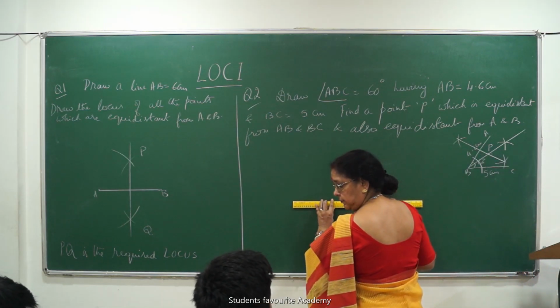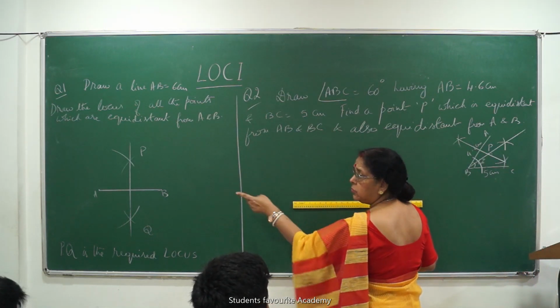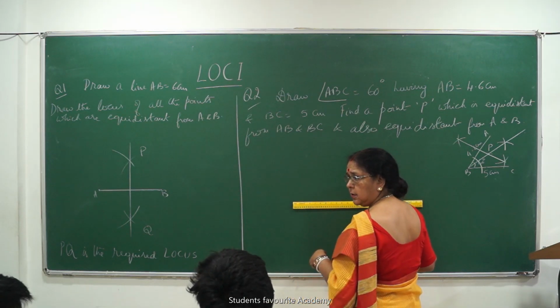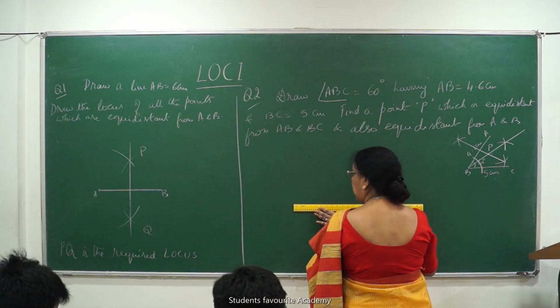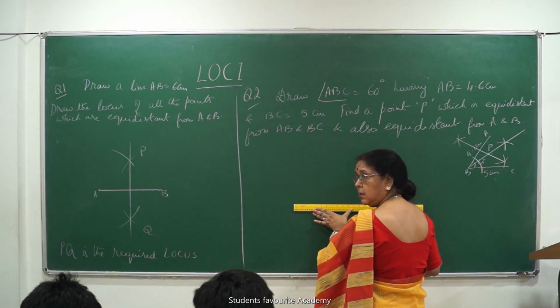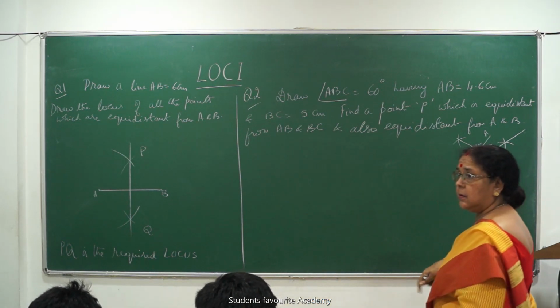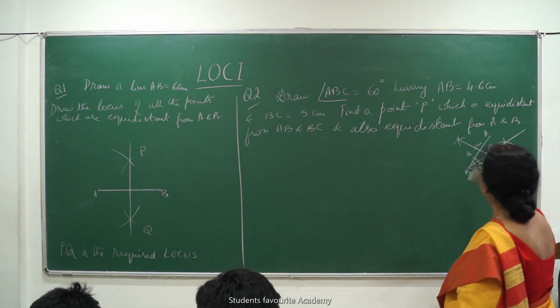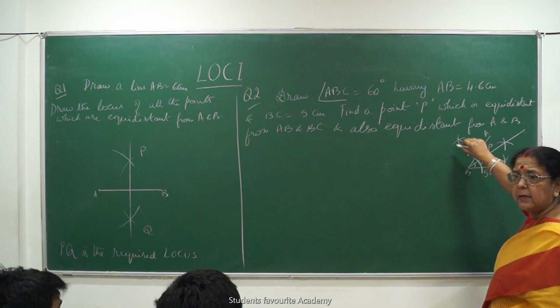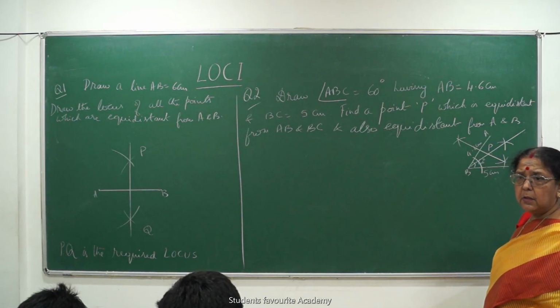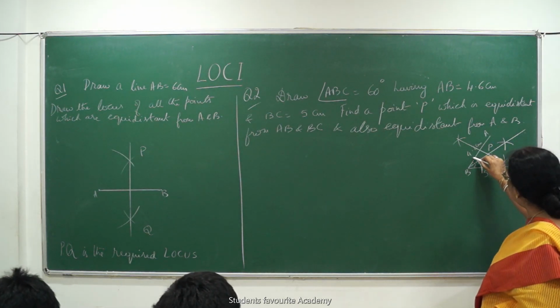How do we find the perpendicular bisector? How will I find the angle bisector? Because P is the point of intersection of the angle bisector. You will draw an arc.